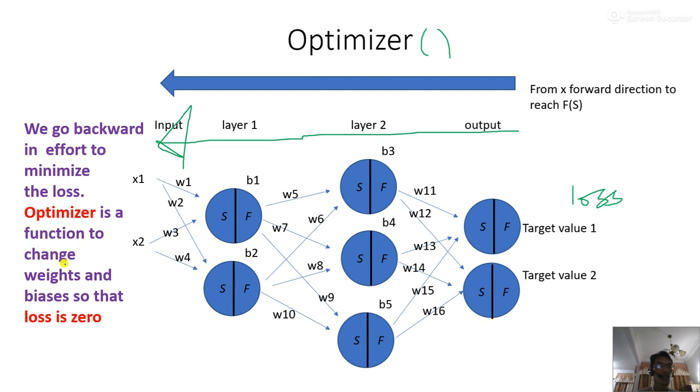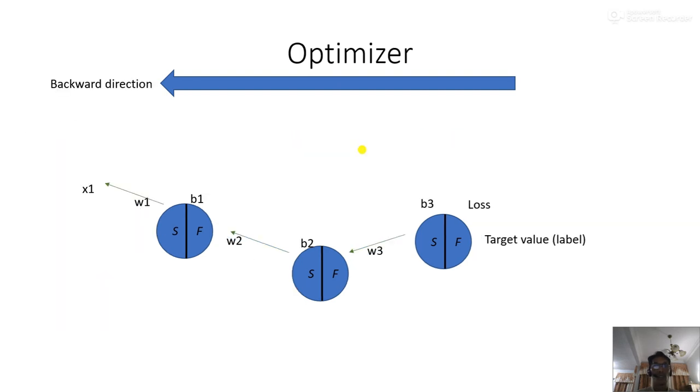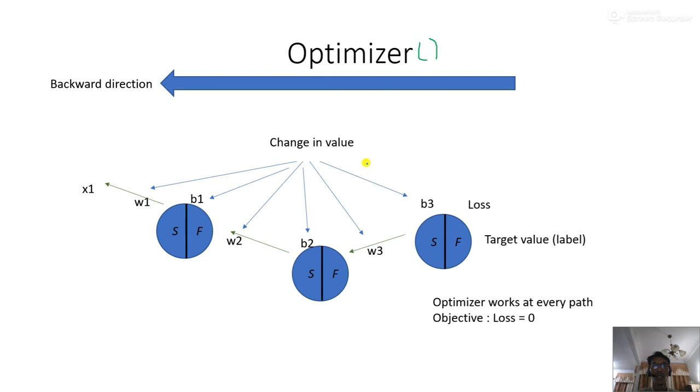Based on the function, it's going to change these values W3, W2 and W1, either increasing or decreasing.